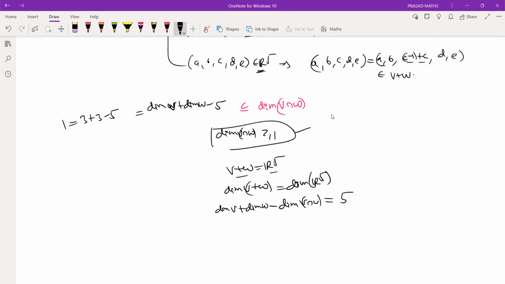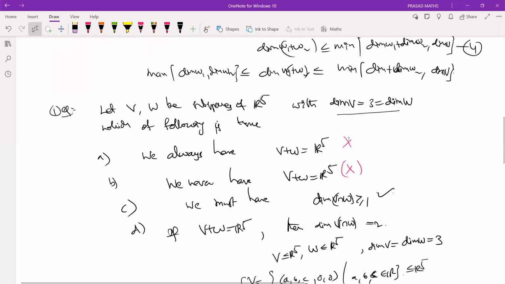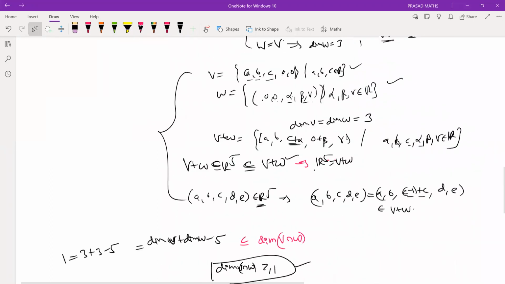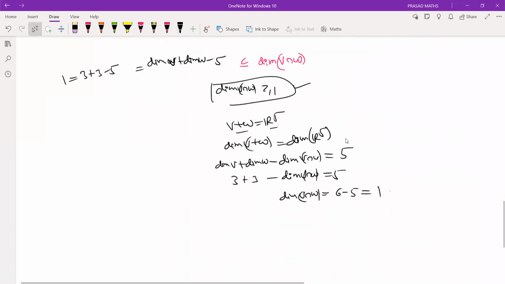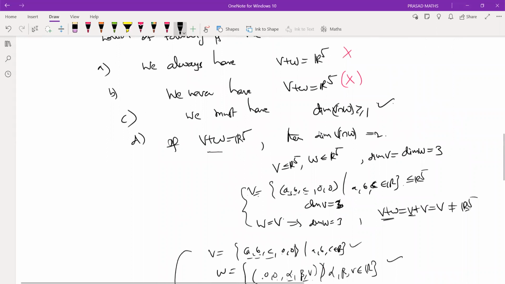But this is R5, whose dimension is 5, and the others are 3 each. Therefore, the dimension of v intersection w is 6 minus 5, which is 1. This cannot be 2. So this answer is wrong.